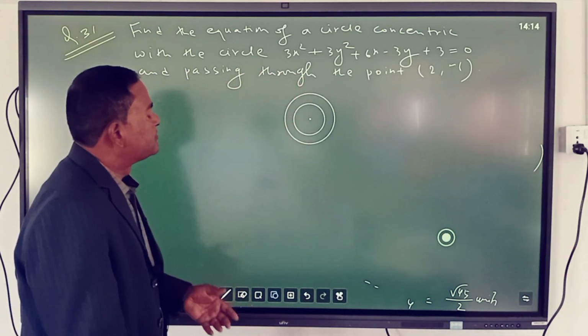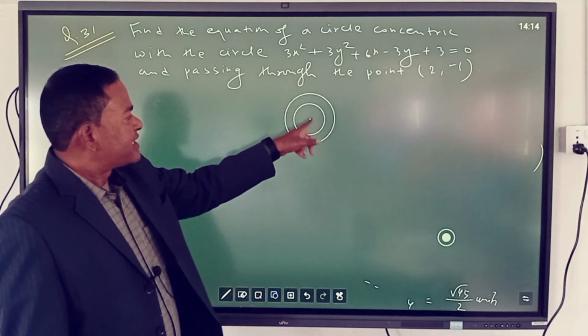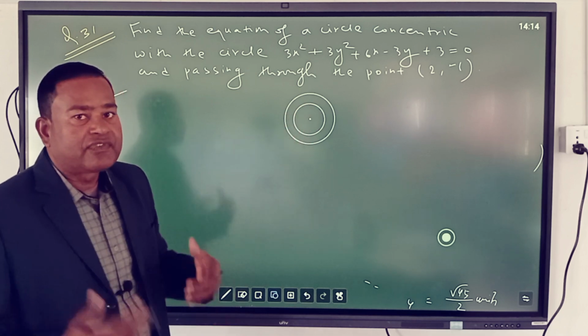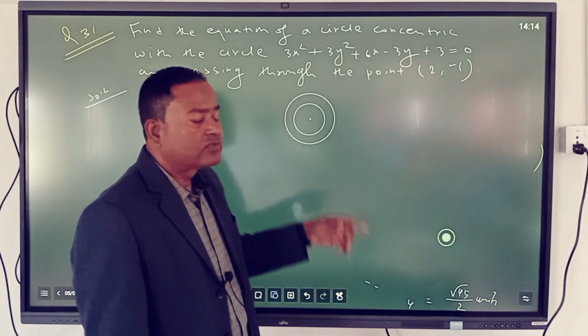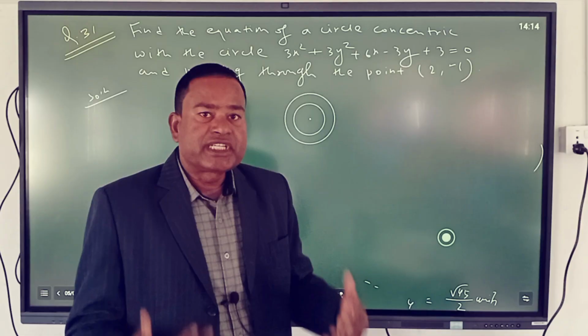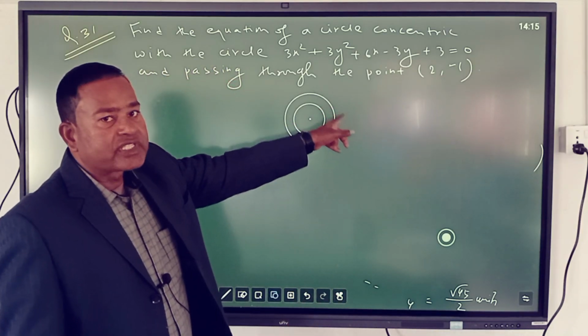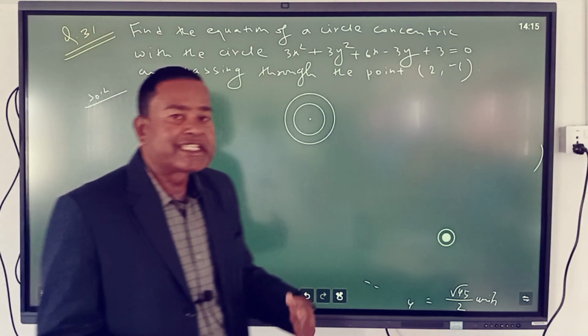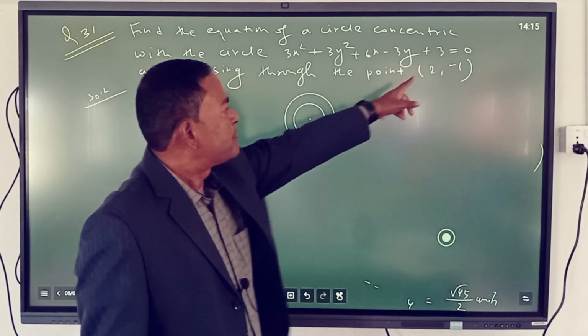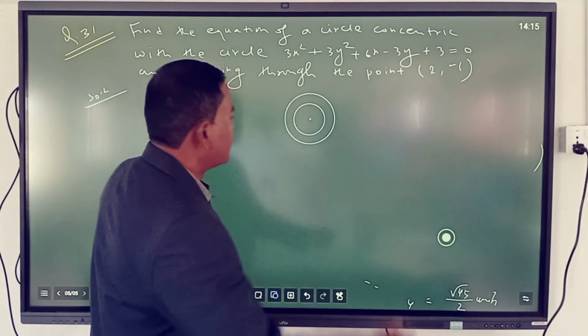So dear students, now let us say the smaller one is the first circle and the bigger one is the second circle. Here in this question we are going to find the equation of the second circle, let us say the outer circle, which passes through the point 2 comma minus 1.